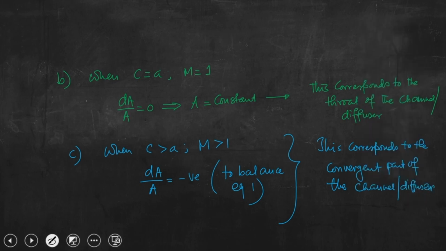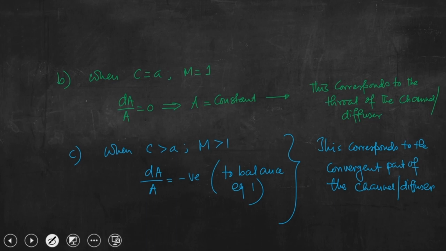So, that means the diffuser should be of convergent type. Simply we can say, if this is the case, then diffuser would be of convergent type. Okay. So, now these are the cases.